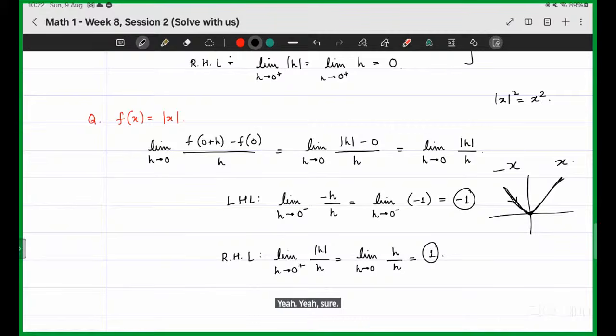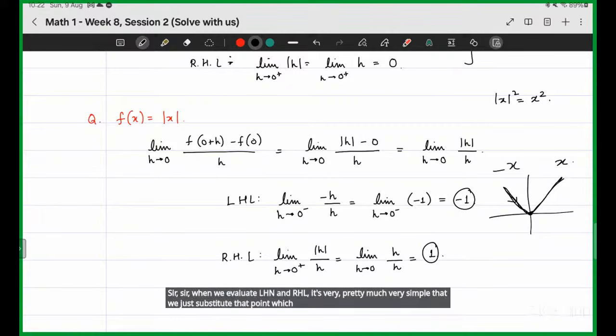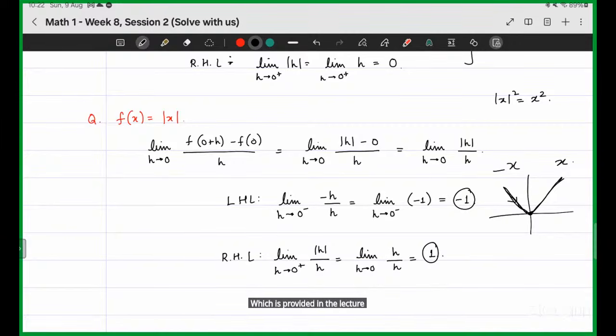Sir, when we evaluate LHL and RHL, it's very simple: we just substitute the point which we want to evaluate, and we get the answer. So how can we evaluate using the exact definition which is provided in the lecture? The evaluation of limits doesn't have an algorithm, as I was saying yesterday.